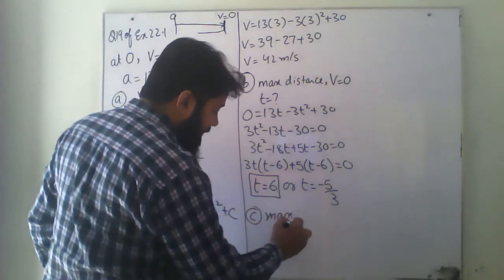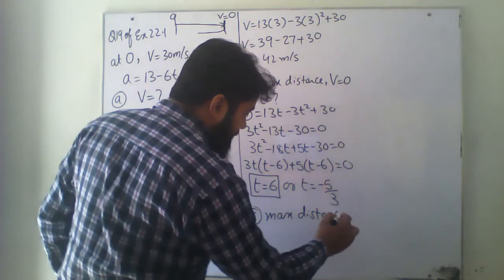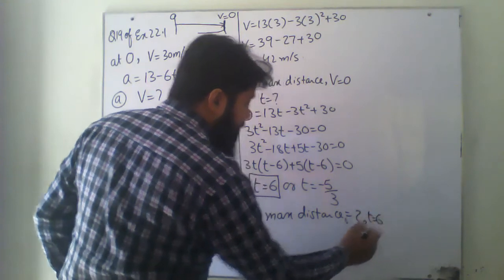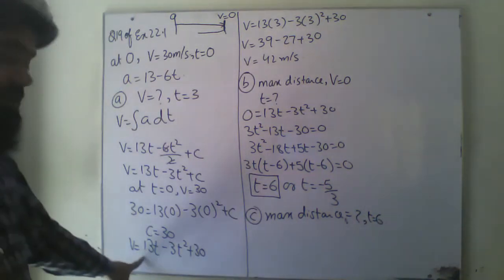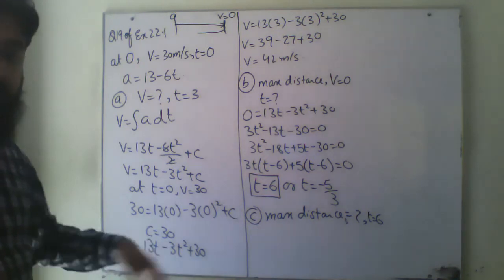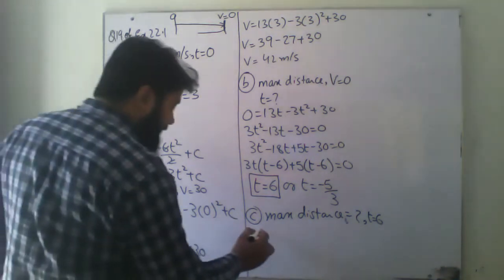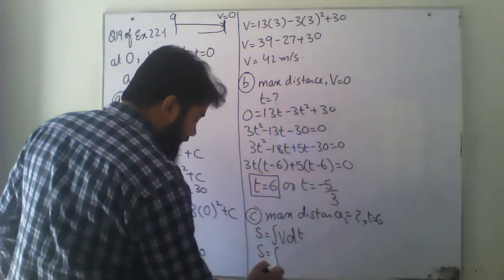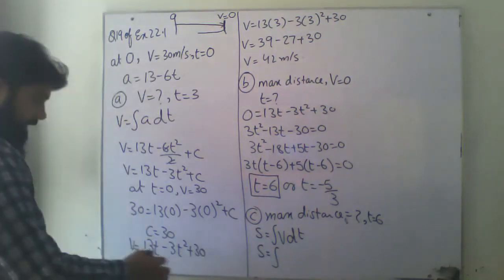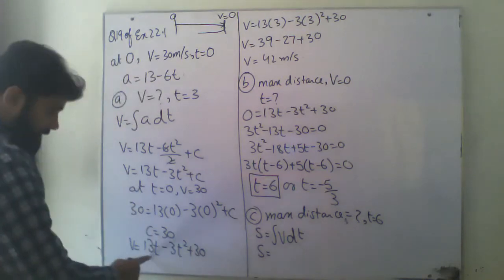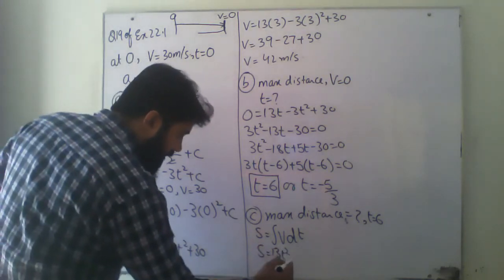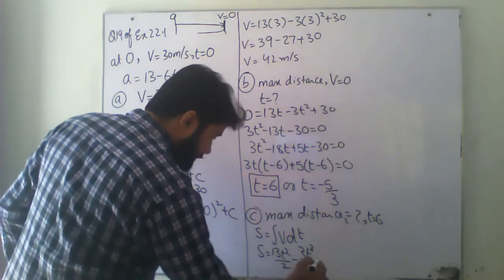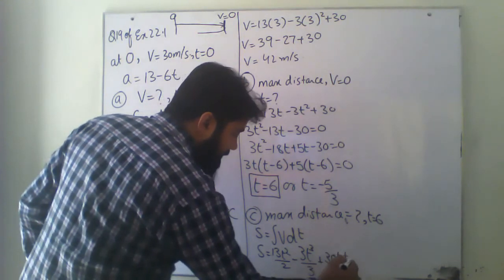Now, C part of the question is saying that what will be the maximum distance. I have to find that what will be the maximum distance at t equals to 6. So what I have got, displacement equation, velocity equation. I have to first find displacement equation, and that will be equals to integral of v with respect to time. s equals to integral, integrating it, 13t square over 2 minus 3t cube over 3 plus 30t plus c.